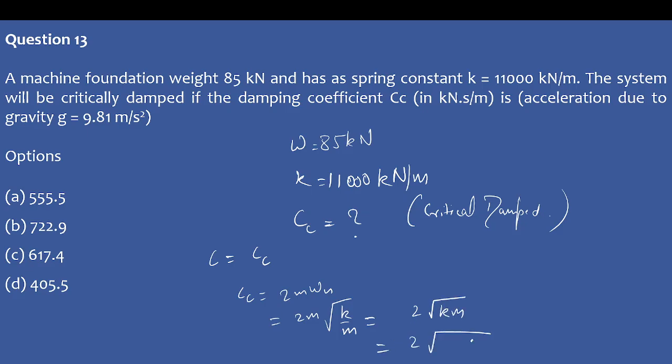So can you solve this? What are you getting? 2 root km. So 2 times 11,000, and then this is your mass, 85 kilonewton. When you convert into Newton, we have to take 9.81, so this is the conversion to Newton, and then this is the conversion into kg.